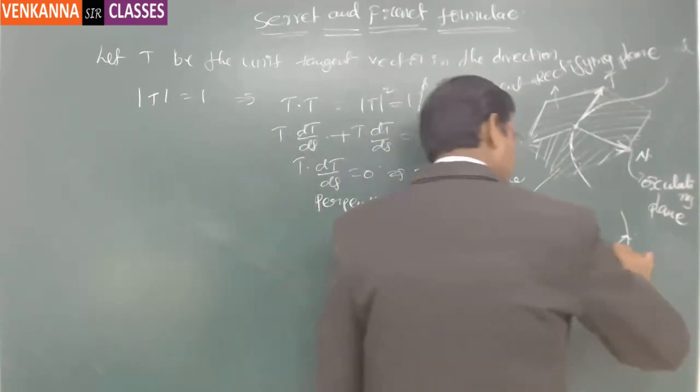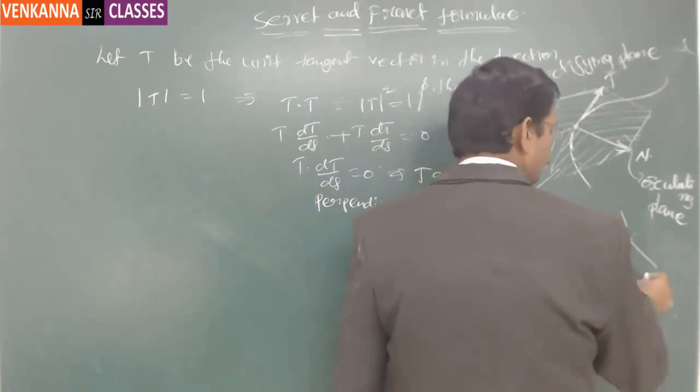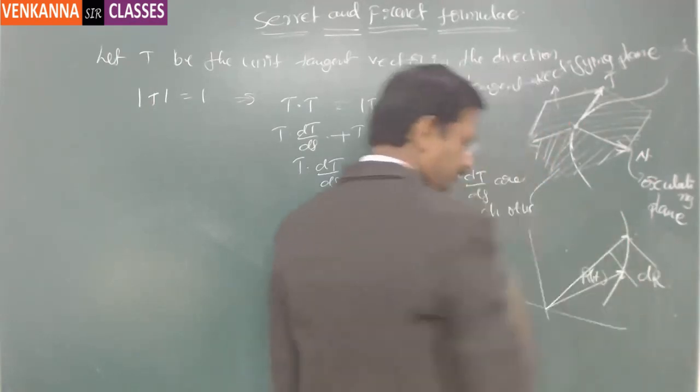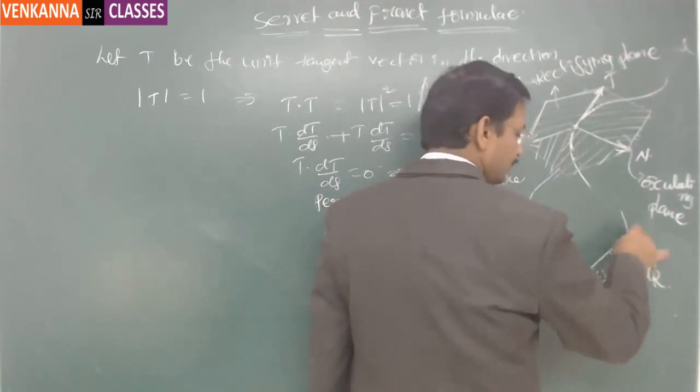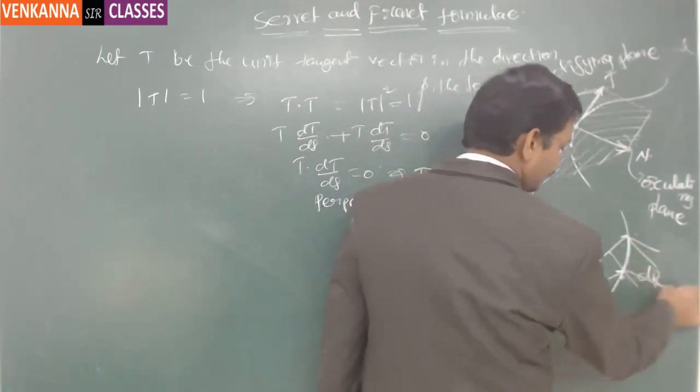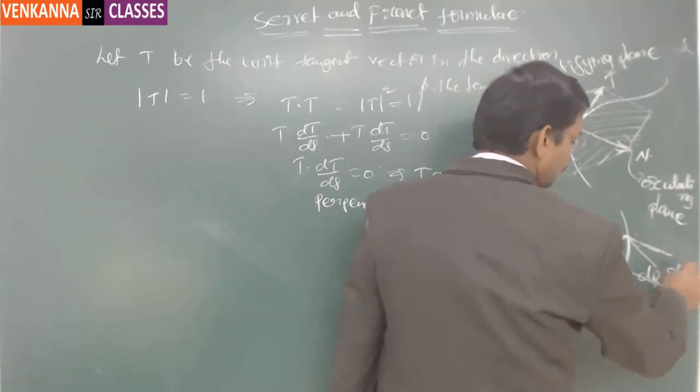The radial change is this part, dr, and the corresponding arc is also changing. The actual change in the arc value is ds.